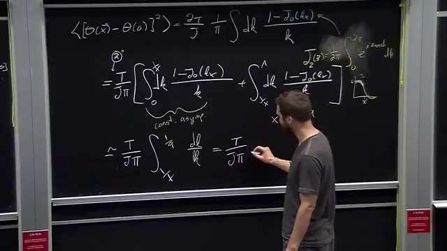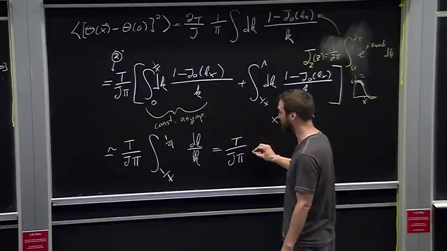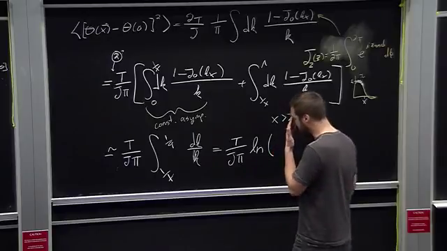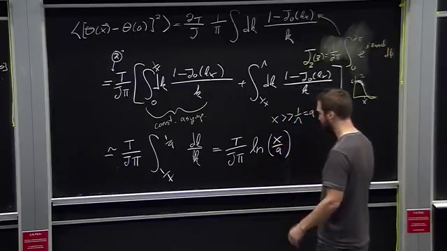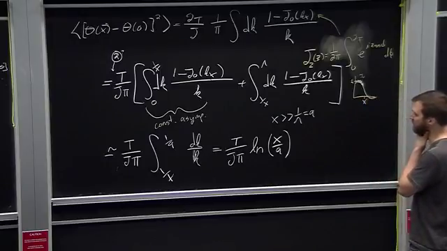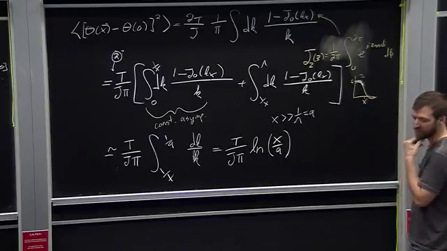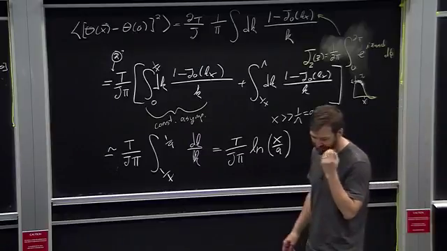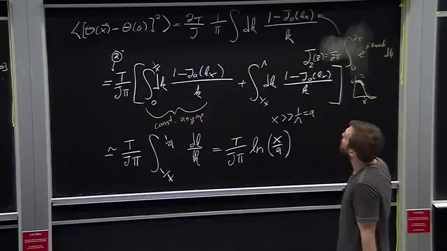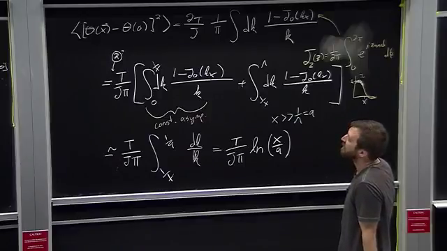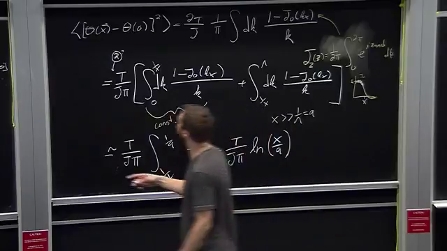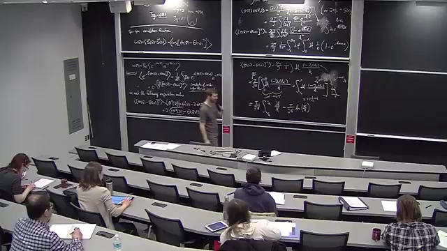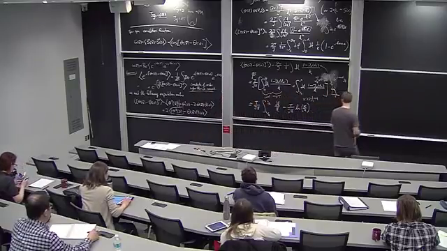So now I have log. I just got to get the sign of this correct. So it's got to be log of x over a. It's got to be that. T over j pi log x over a. Okay, I have a. So when I put this in an exponential, I have a factor of 2 here. So I have an exponential of a log.